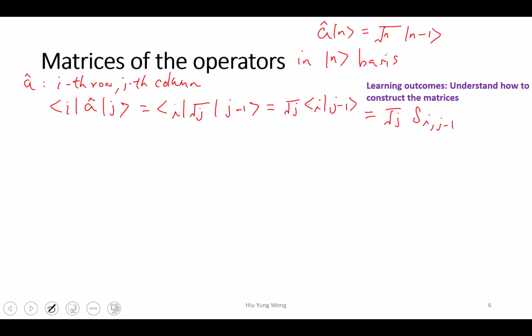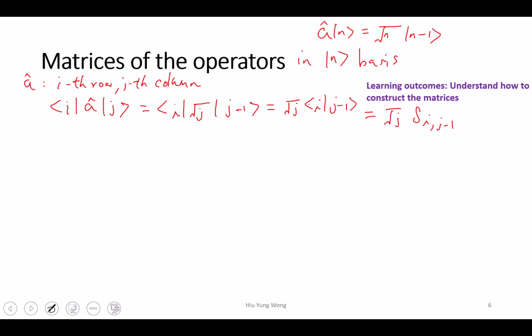Remember, we talked about orthonormal basis. Just like in 3D, you have x hat, y hat, and z hat. x hat dot x hat is going to be 1, but x hat dot y hat is going to be 0, right? They are orthonormal, normalized to itself and orthogonal to the others, right?